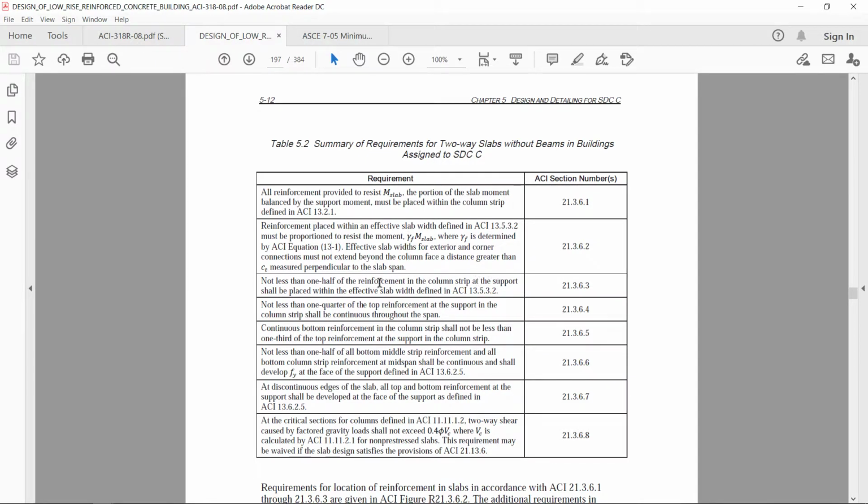Then these are the important conditions. Not less than one half of the reinforcement in the column strip at the support shall be placed within the effective slab width defined in ACI 13.5.3.2. This is as per para 21.3.6.3.